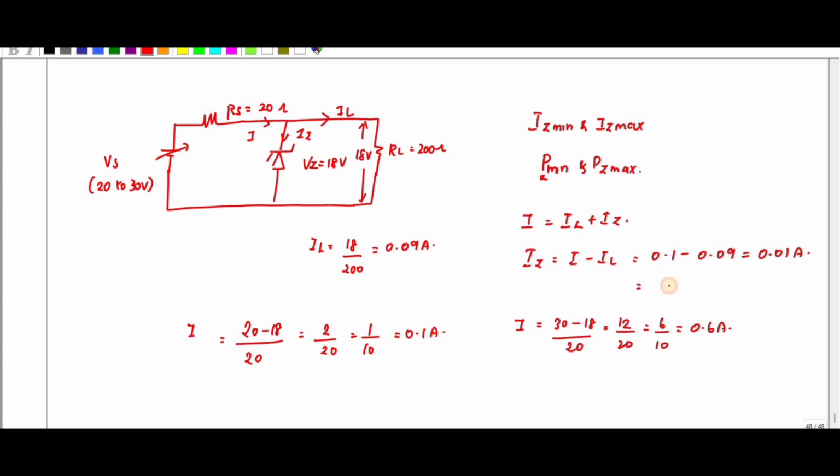If I substitute 0.6 minus 0.09, you will get 0.51. So this is your IZ minimum, and IZ maximum is 0.51.